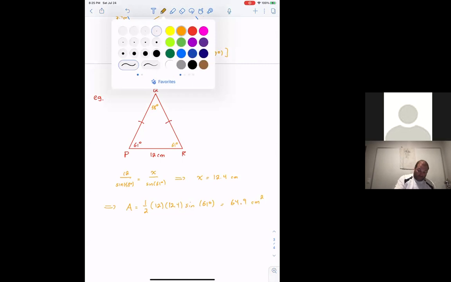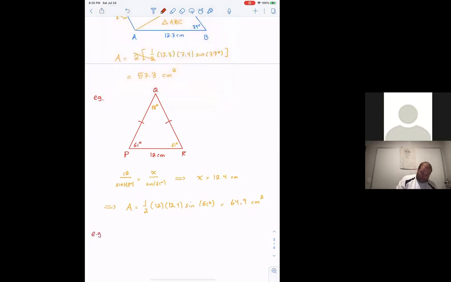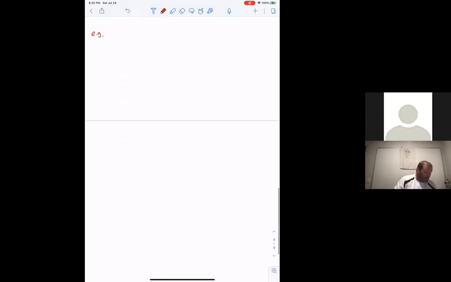Let's do a couple more examples. Find the area of a triangular vegetable garden whose sides are, so there's a picture here. We have A, B, and C, whose sides are AB equals 15 meters, AC equals 7 meters, and BC equals 12 meters.